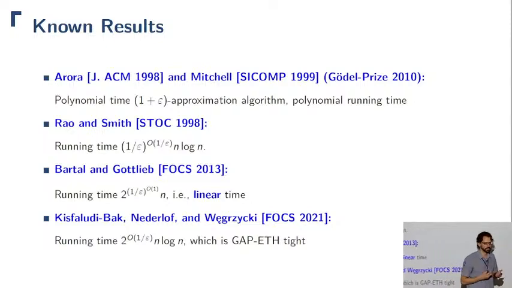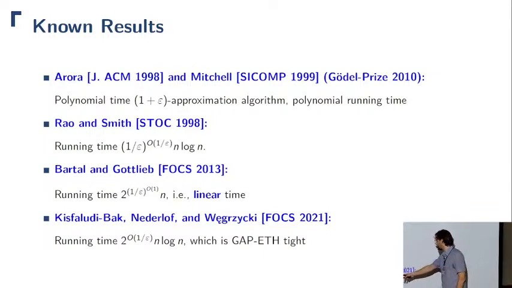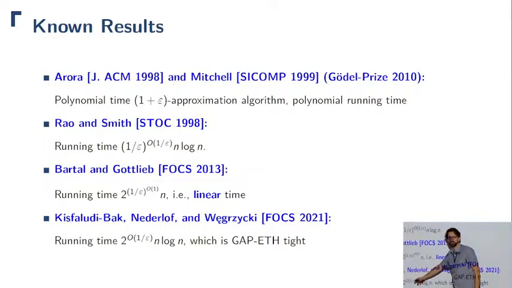What does it mean, tight? It's of course based on assumptions, and the assumption is the Gap Exponential Time Hypothesis. So subject to the Gap ETH, the dependence on epsilon of this result is tight, but the running time is n log n.